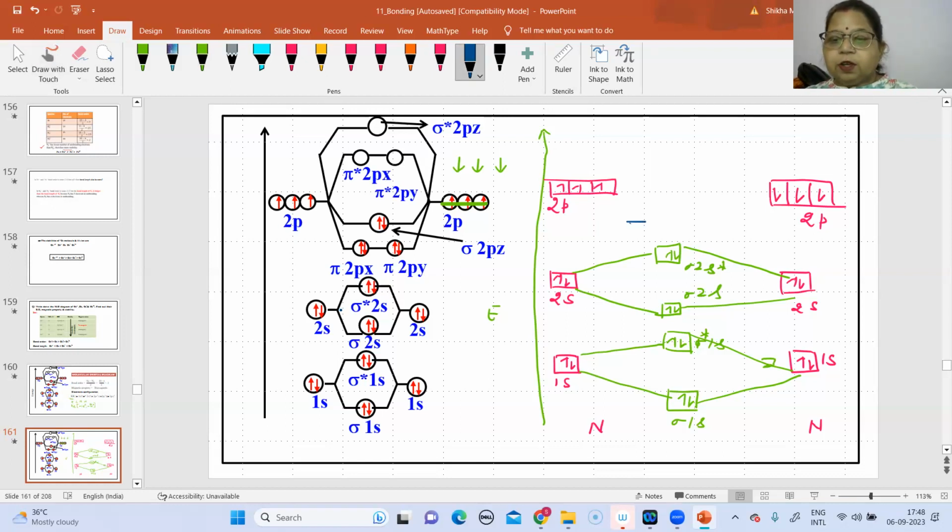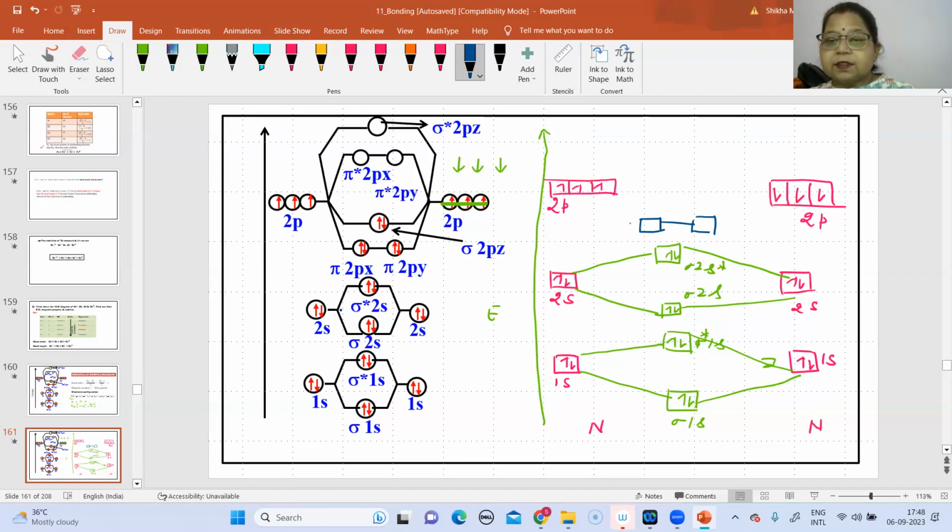So at the bottom, we should be drawing between the same 2 lines as I showed you. This is pi 2px and this is pi 2py. Both of them are of the same energy, so they should be equal in size at the same height and both of them should have 2 electrons, right?